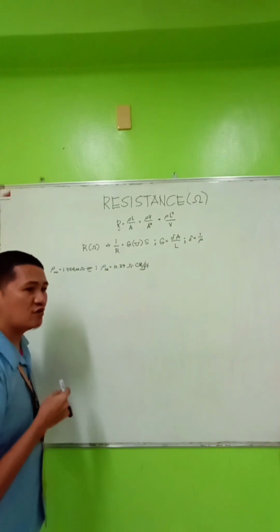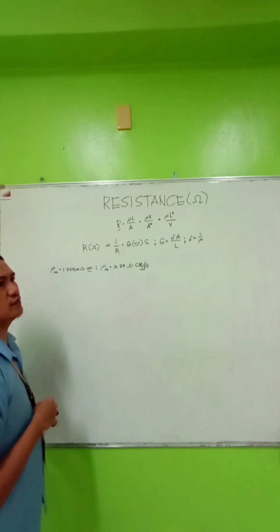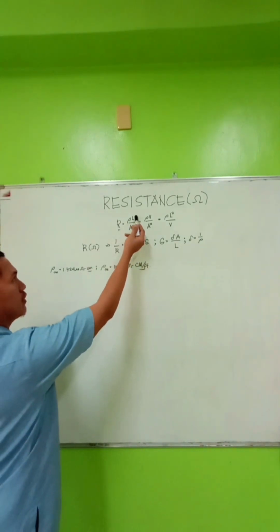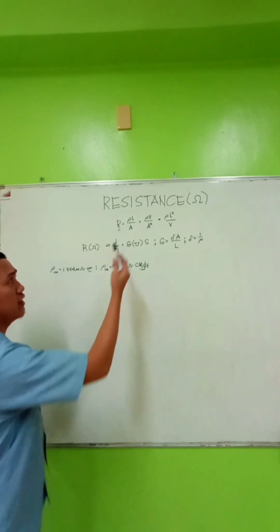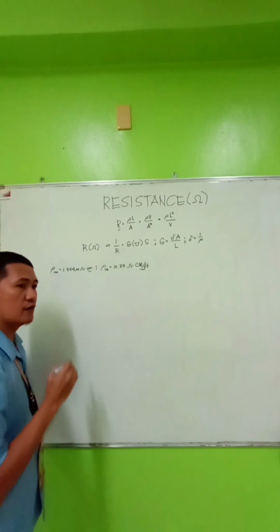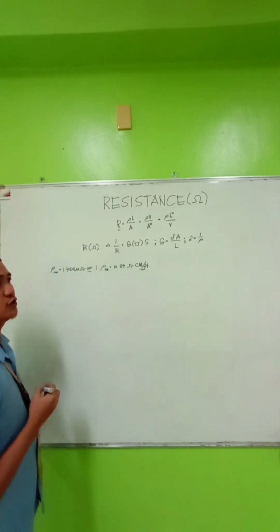Okay, so your reference will be your resistivity, or if you want, you can do it in the reverse. You can do your reference in length or in cross-sectional area, as long as you properly eliminate the units using your common conversion factor.